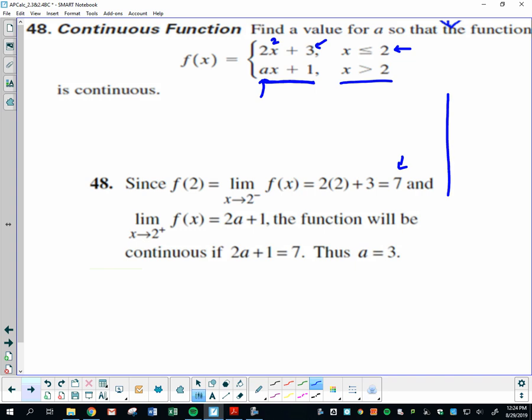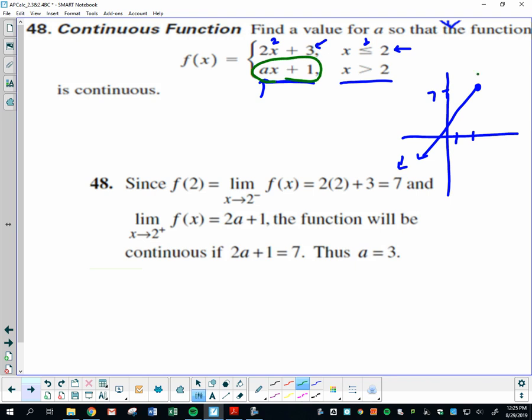If it does not, the first one's a line that is for x less than 2, so I'm going to put a 7 right here, and it goes like this, and it's a filled-in circle. And then the other function, which is this, has an unknown slope.